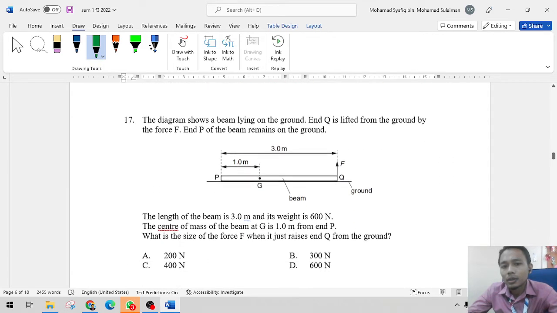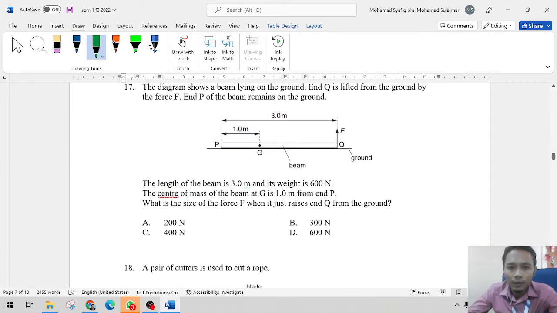Number 17, again we have a beam and Q is lifted, so anti-clockwise, and P remains on the ground. G is the center of mass, so this one is clockwise.